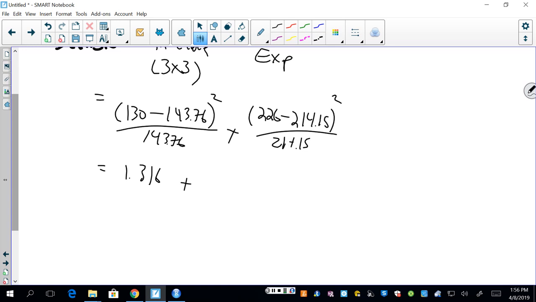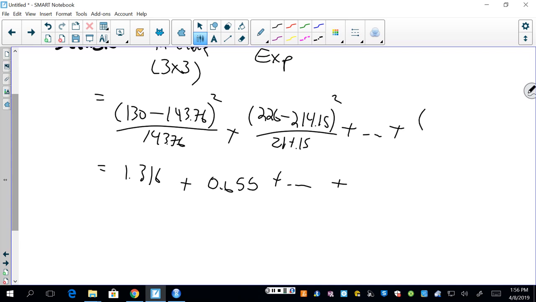And that contribution, according to the table, is 0.655. I keep going all the way through all 9 of them. So 3 by 3 is about as big as we'll do by hand. It takes 9 expected values and 9 contributions to the sum of squares.